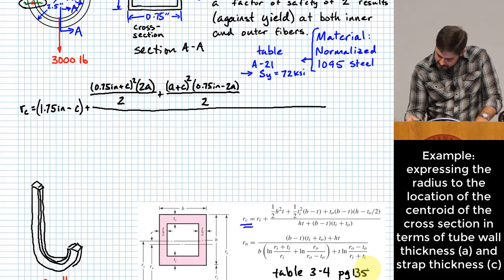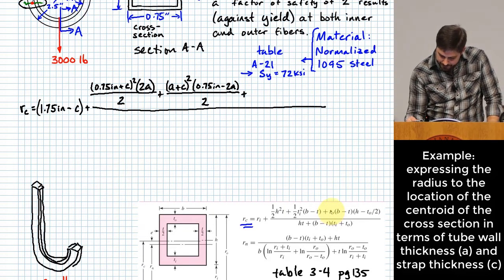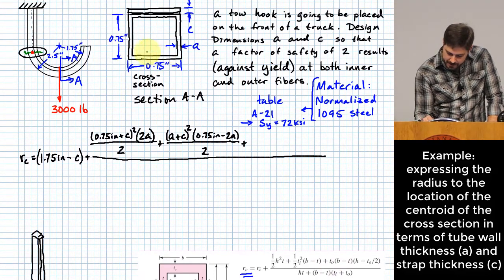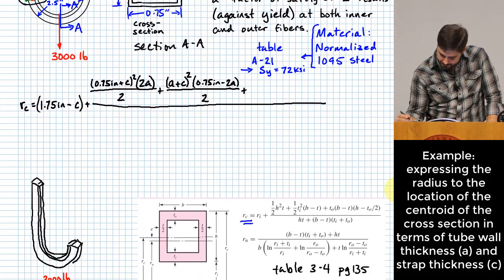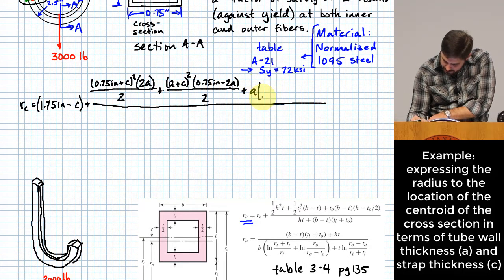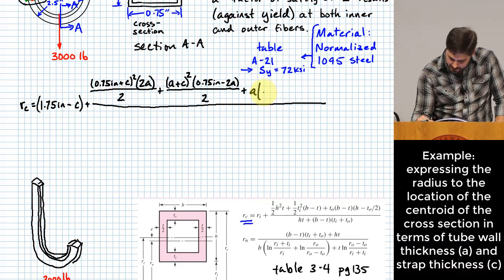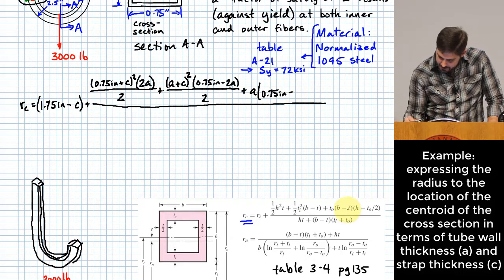All right, so the next piece that we need is T sub O. That's the outer thickness, and for us the outer thickness is this bottom side, which is just A. So T sub O is A. A gets multiplied by B minus T, which we just did a second ago: 0.75 inches minus T, and T is 2A.